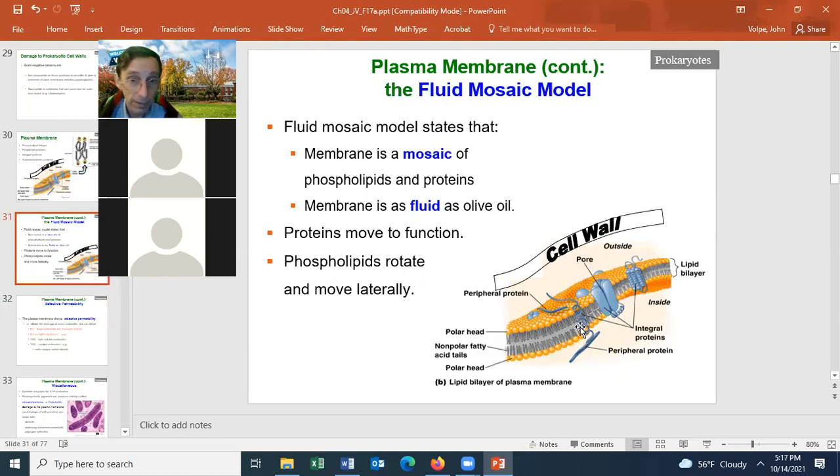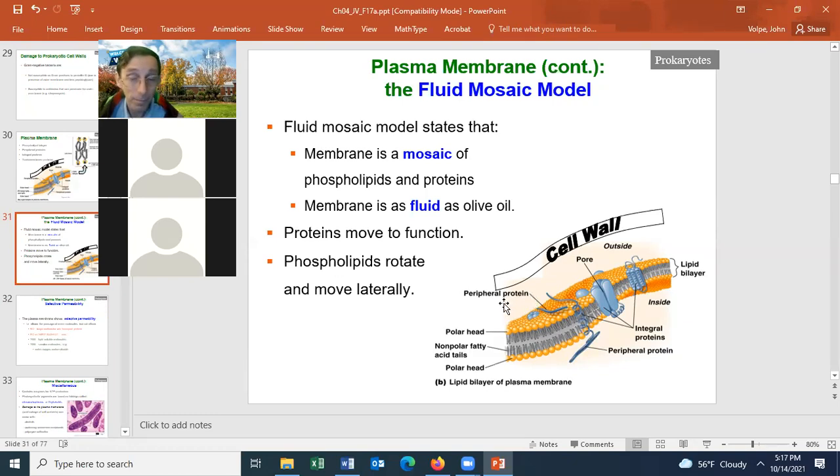These proteins are usually bound to either the cytoskeleton inside the cell or to an extracellular substance like the bone or the marrow or collagen.